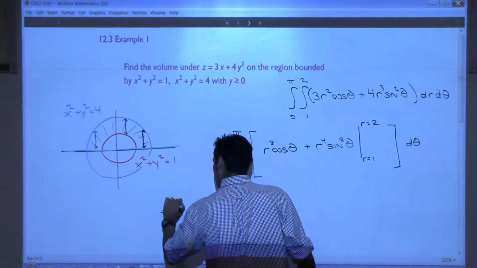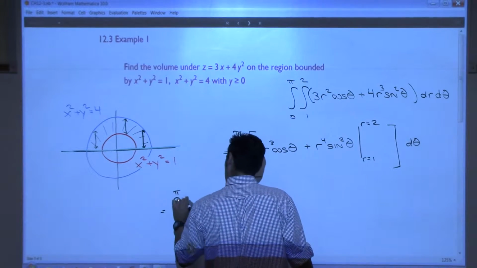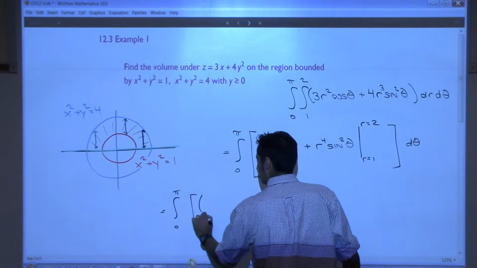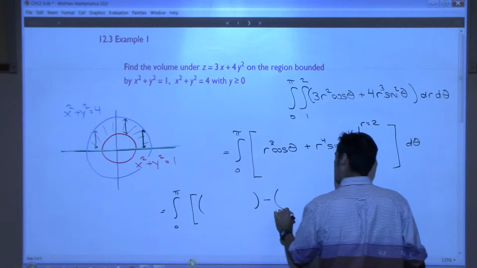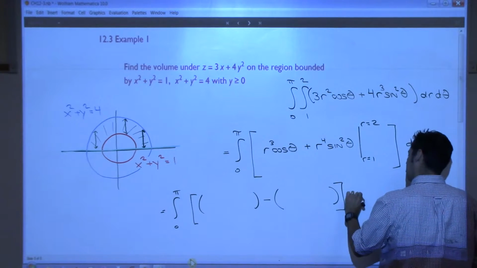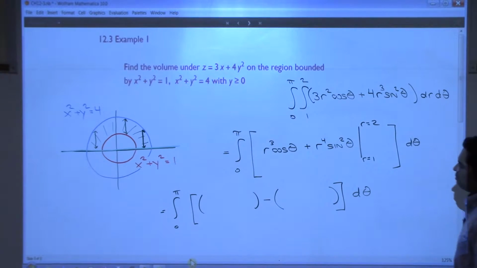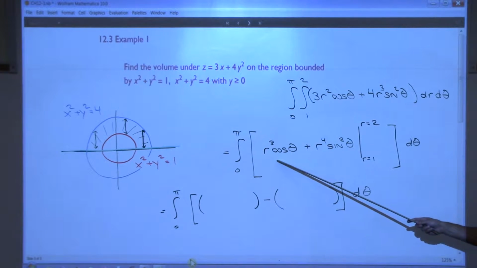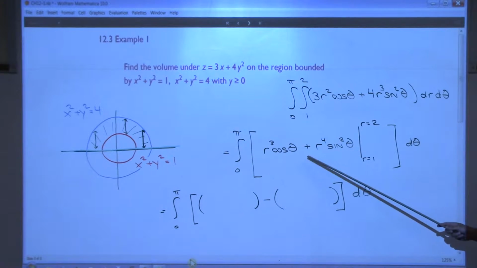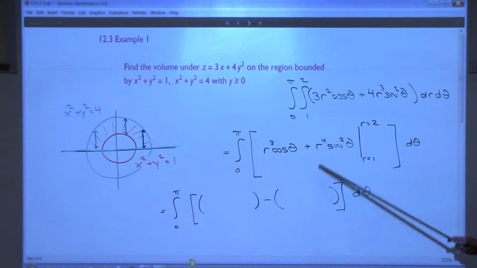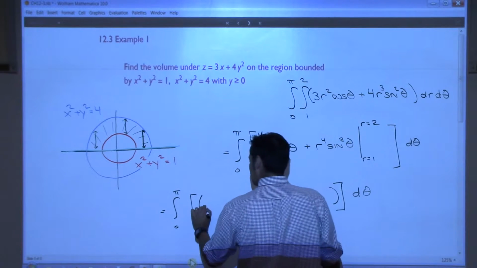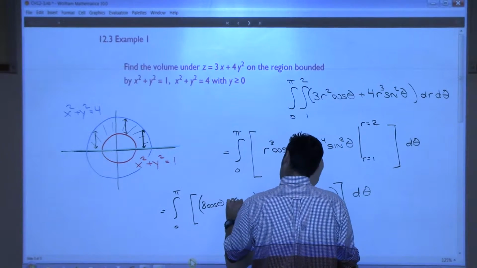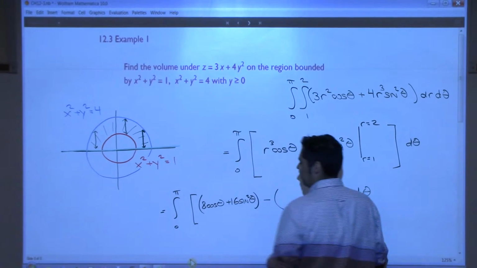So we have integral 0 to pi. Let's see, we should have 2 things here. So what happens when I plug in 2 for r? 8 cosine theta plus 16 sine squared theta.